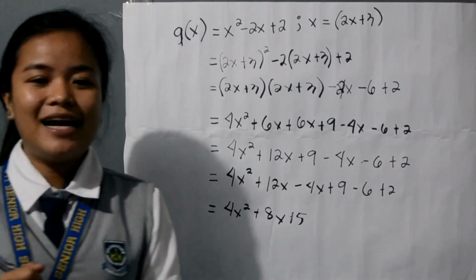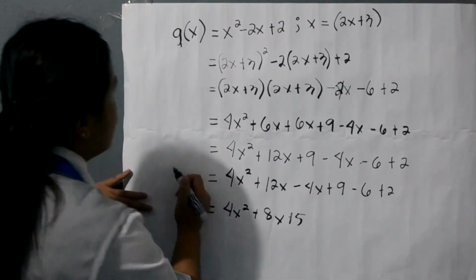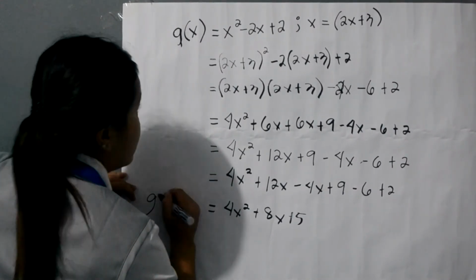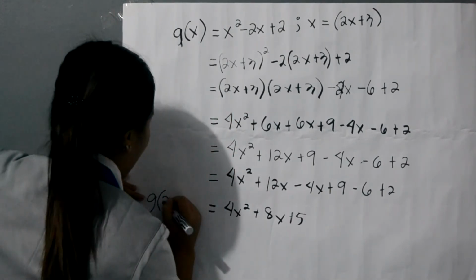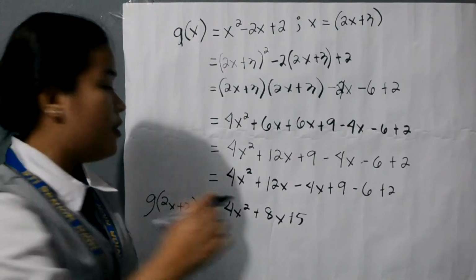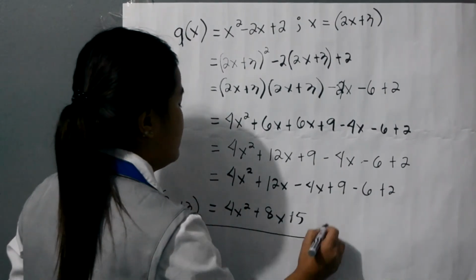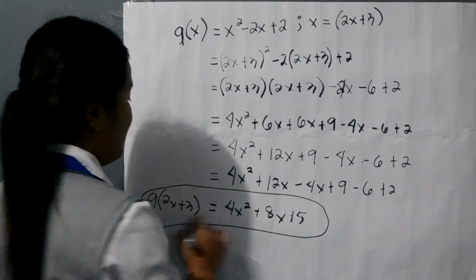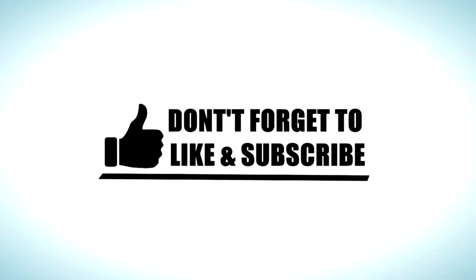We have a final answer, which is g of 2x plus 3 is equal to 4x squared plus 8x plus 5.